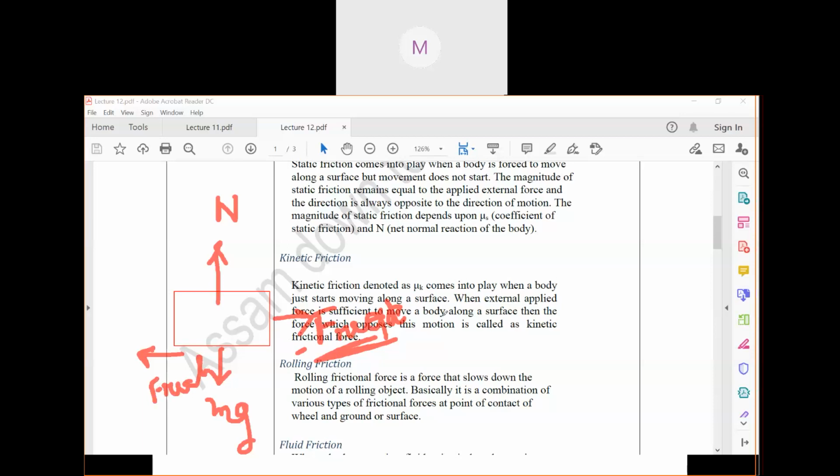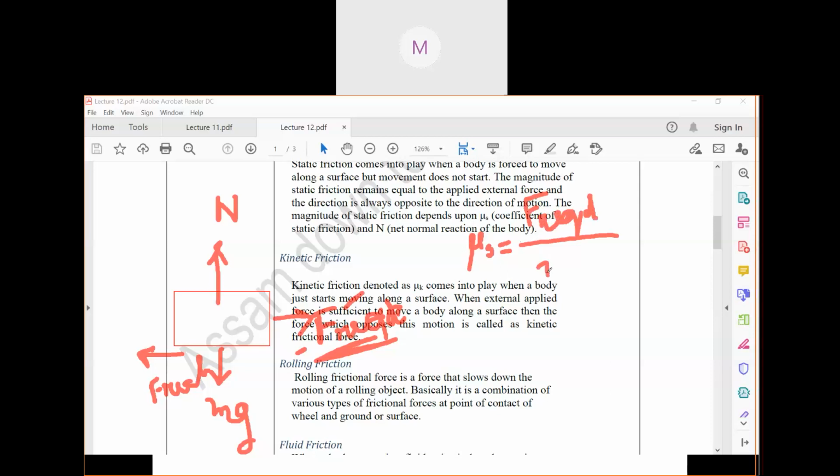Okay. Got it? Now, if you have to find out the coefficient of static friction, that means mu s, this mu s is given by F required divided by mg.